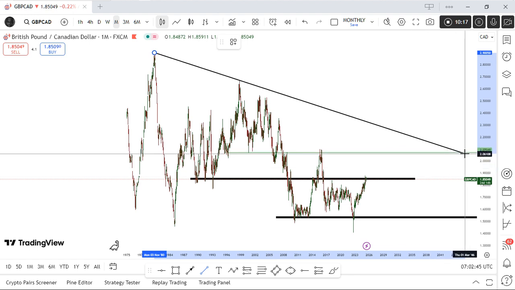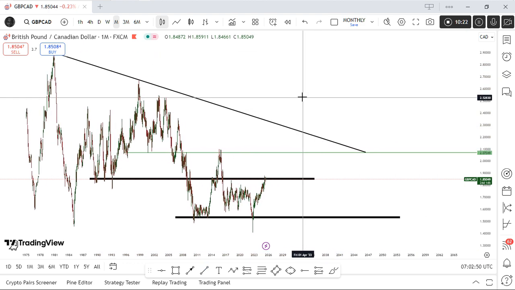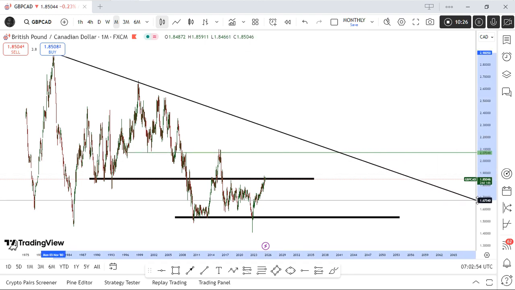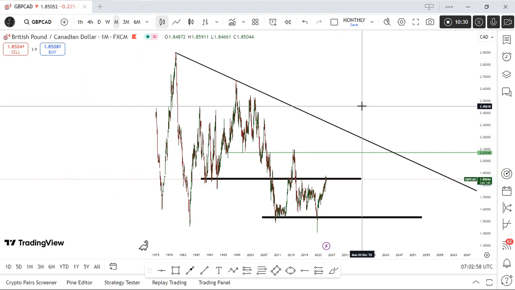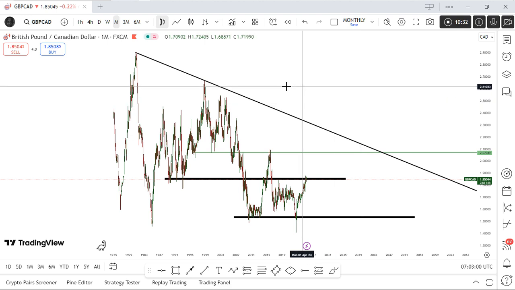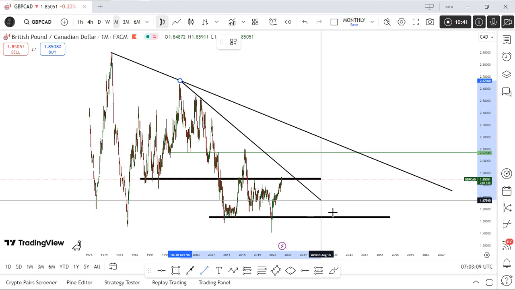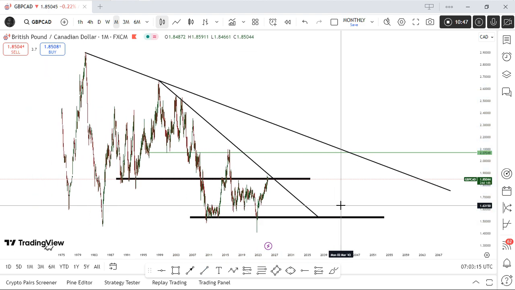Now you could see something here that was nicely plotted. I'm going to drag it a little bit to the downside. Now I can see another trend line happening like so, here as well. So I'm going to drag this a bit more to the downside.